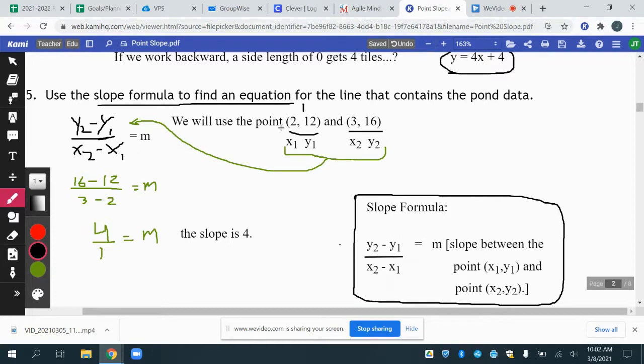I put the 12 in y1. Over here, I have my second point, and I plug in 3 for x2 and 16 for y2, and you can see that's what it looks like when I plug them all in. And I subtract 12 from 16 and 2 from 3, and I get 4 on top and 1 on bottom, or 4 divided by 1, which is 4.